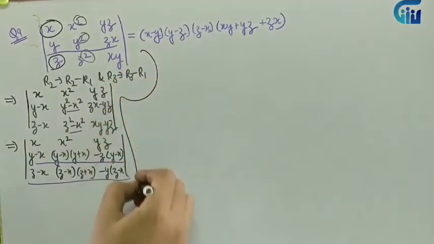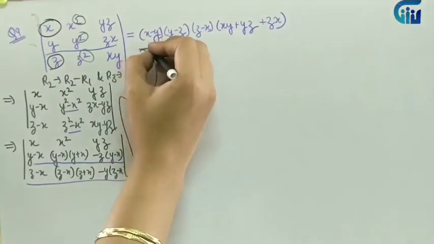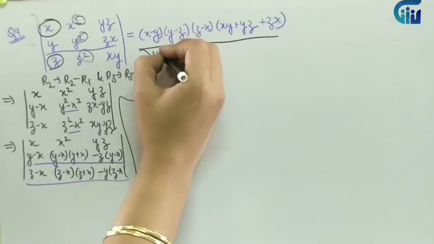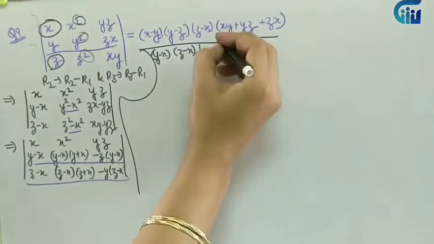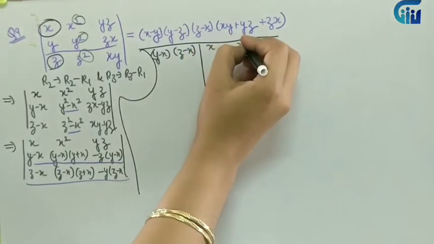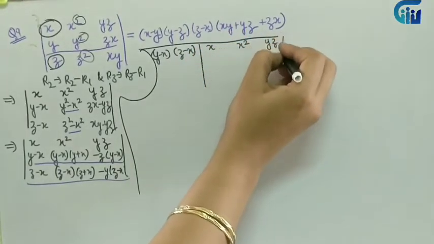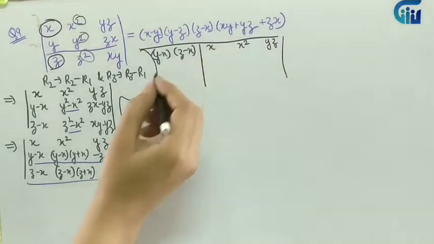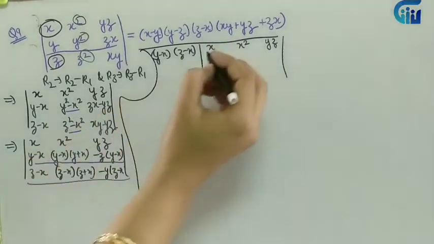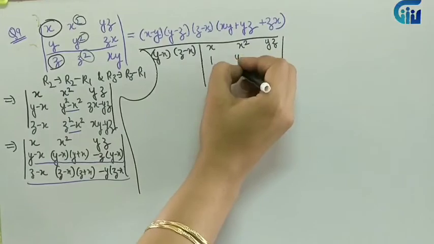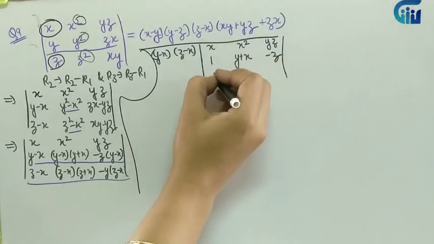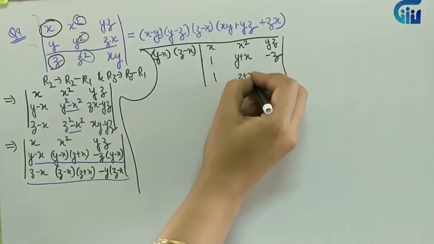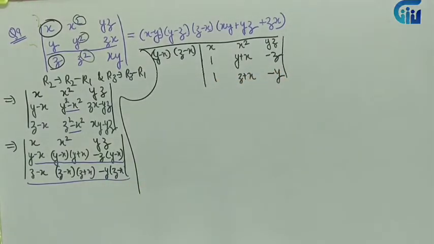R1 will be as it is. For R2, if I take y minus x common, I'll get 1 over here. This will be y plus x and this will be minus z. Similarly, this will be 1, this will be z plus x and this will be minus y over here.